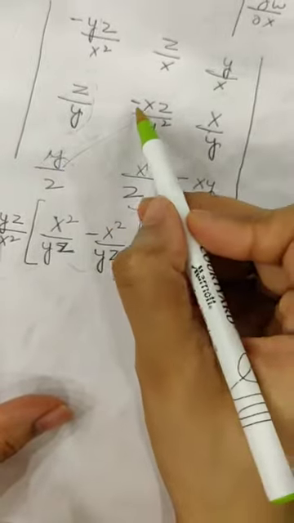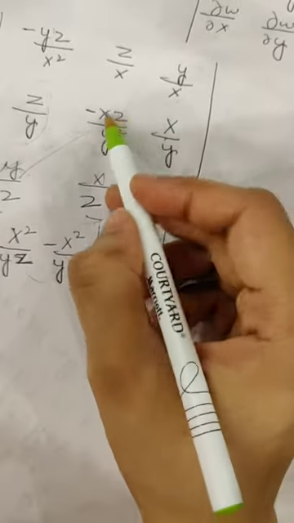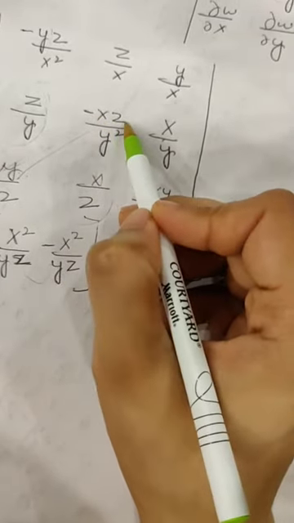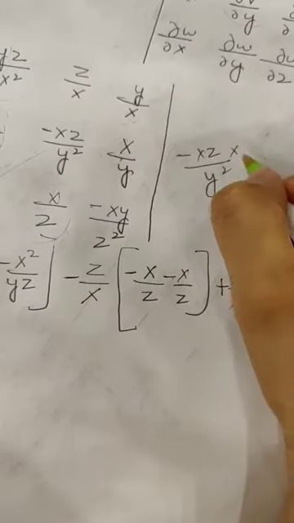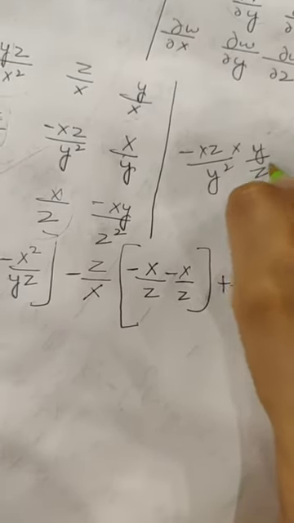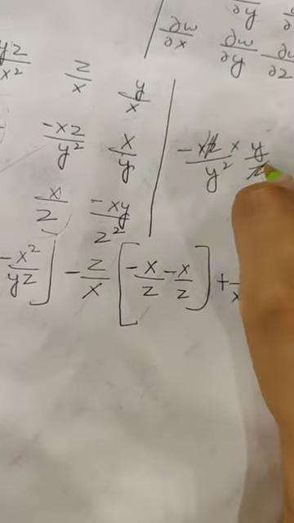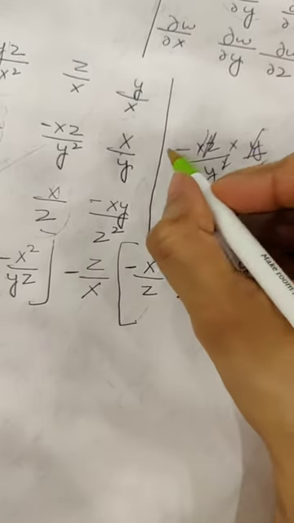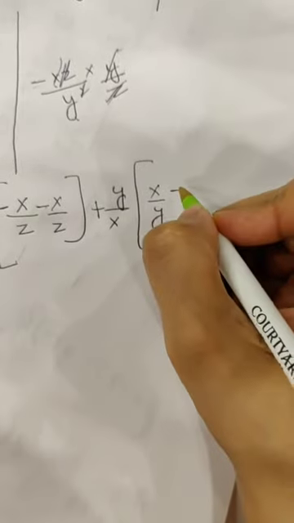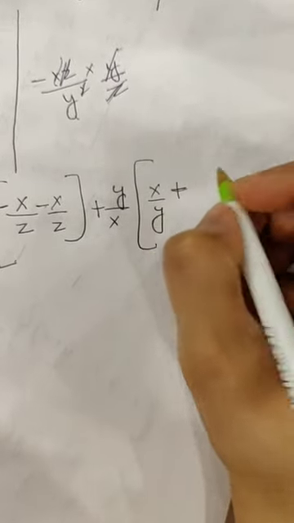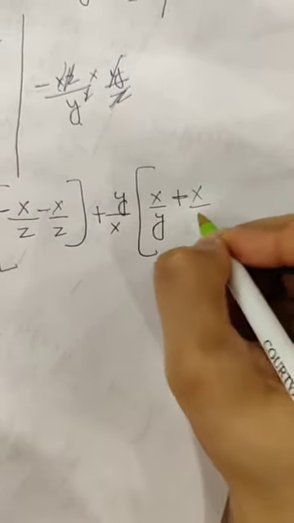Just see it carefully: minus xz by y square into y by z. Z gets cancelled, one y gets cancelled, so this would be minus x by y, but there's already a minus, so this would become plus x by y.